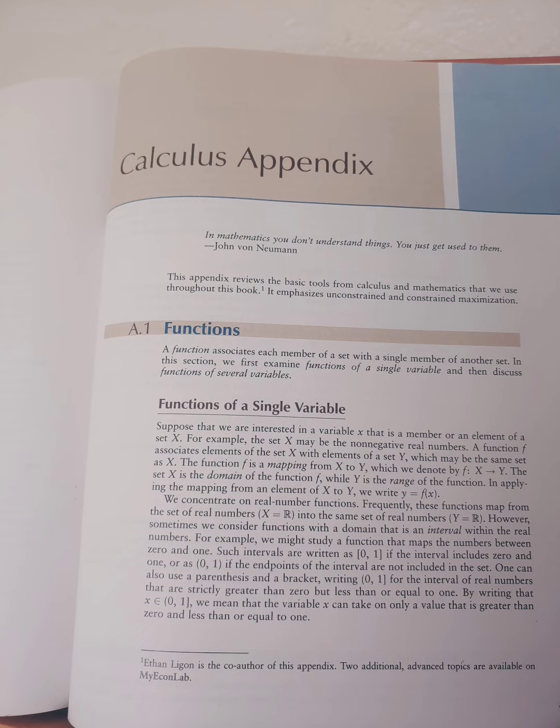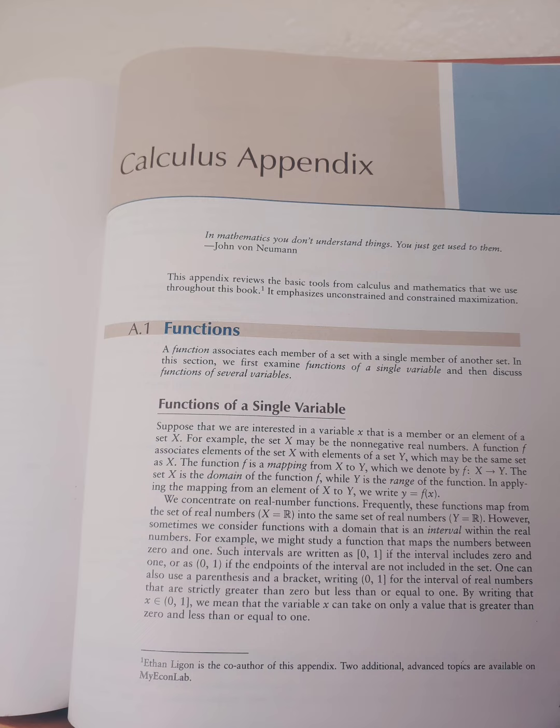We concentrate on real number functions. Frequently, these functions map from the set of real numbers, capital X equals outlined capital R, into the same set of real numbers, capital Y equals all real numbers.